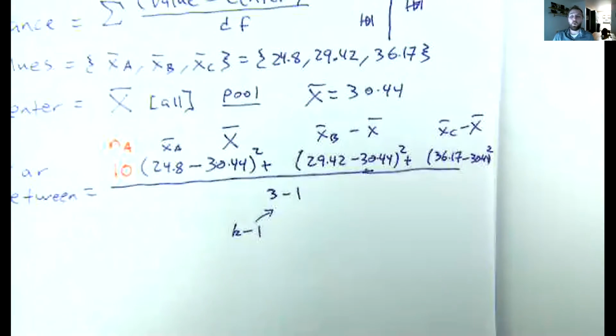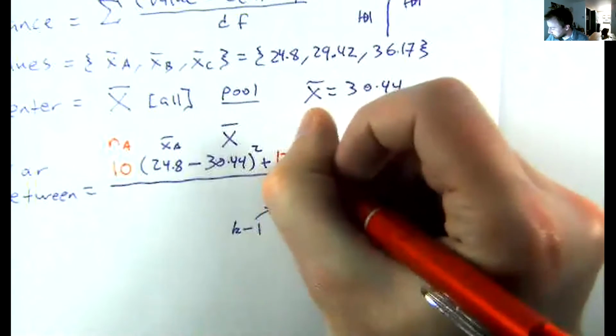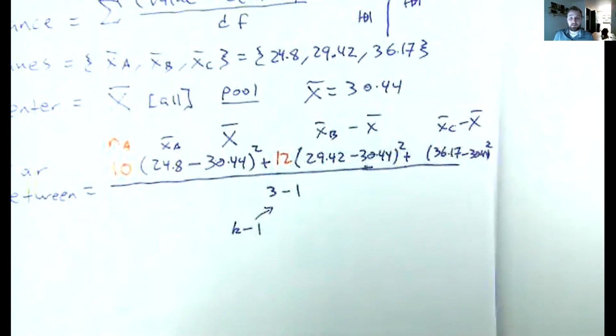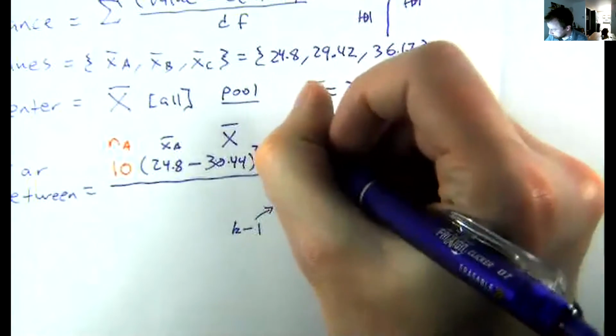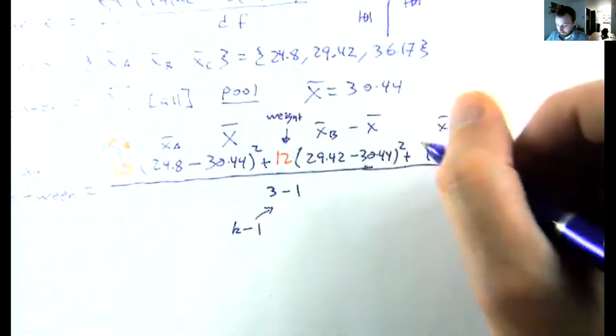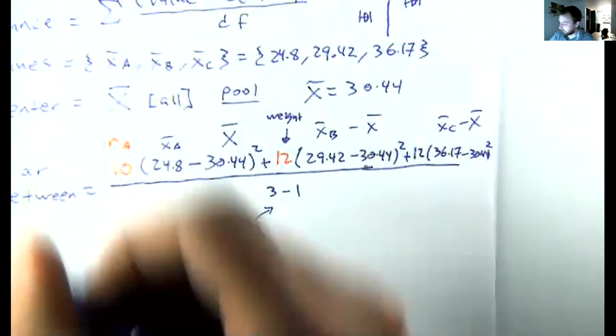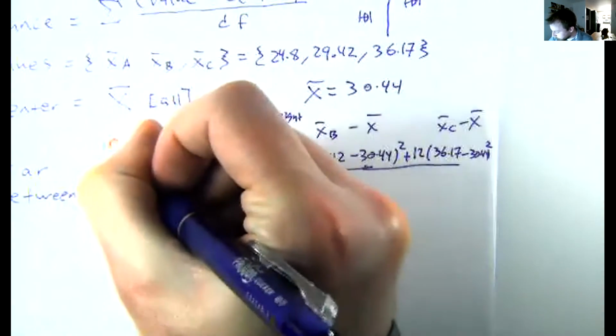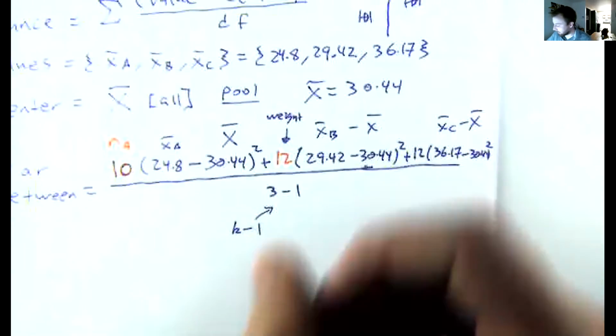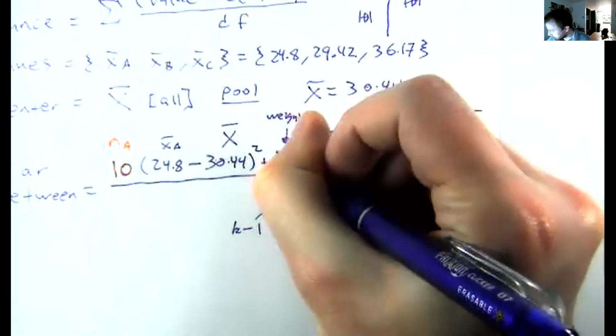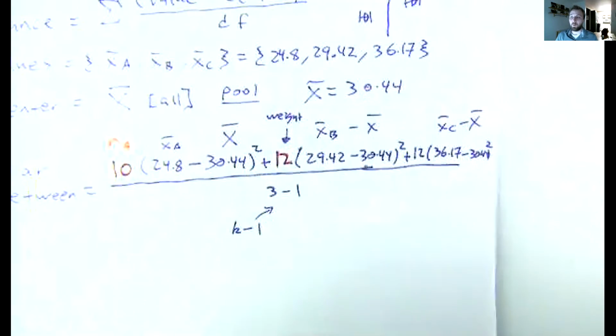That's the number of samples for the first group. I'm going to weight this by how important it is. The next one, that showed up 12 times. That's the weight. And last one, 12. So the first one was 10 important. The second one was 12 important. And the third one was 12 important.